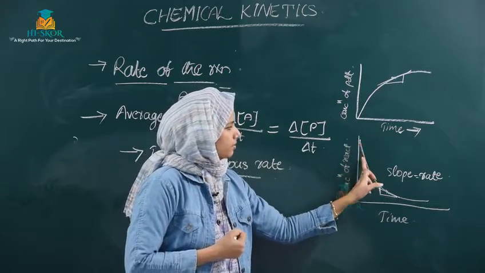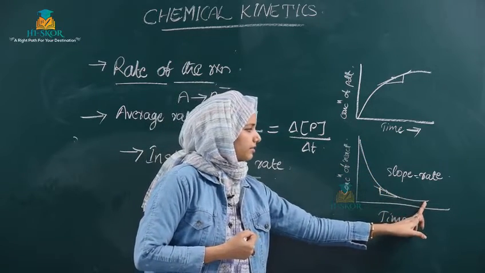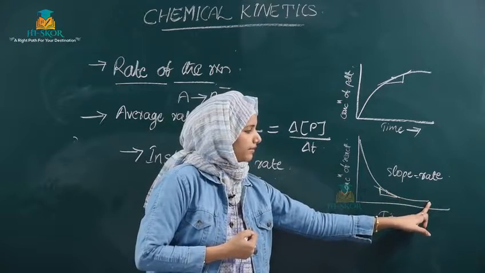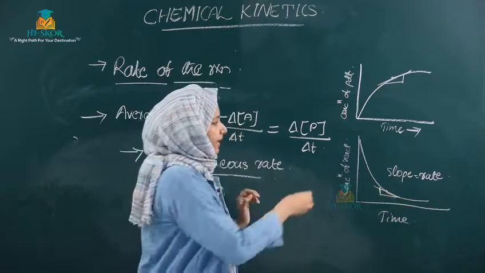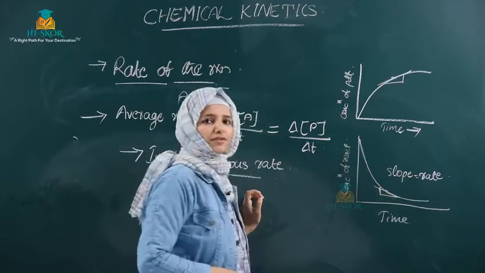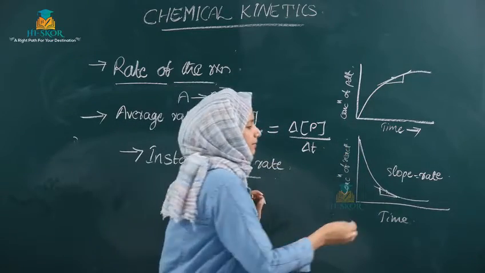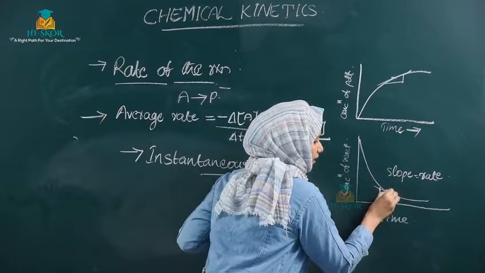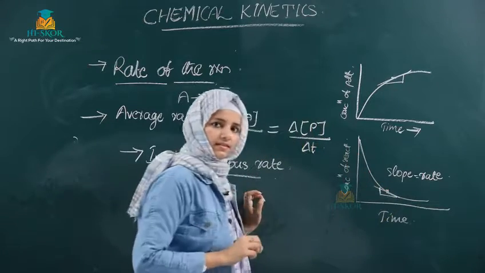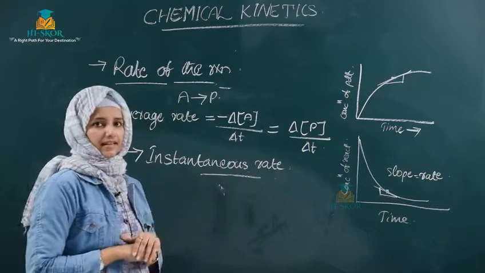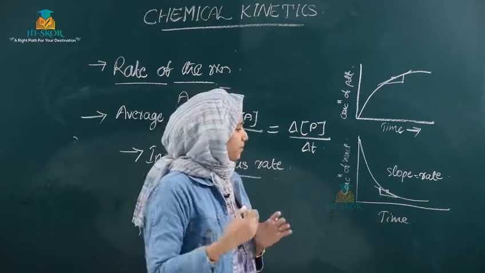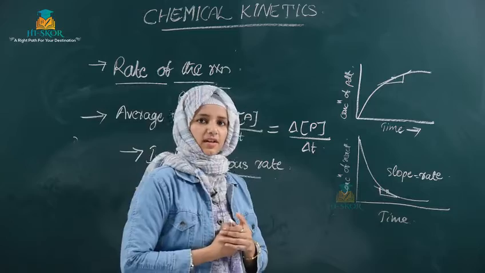Okay. So this goes on decreasing, and after a maximum time the level will be minimum. Okay. So in this graph, suppose you have to find out the rate at a particular point, then that rate is known as the instantaneous rate.